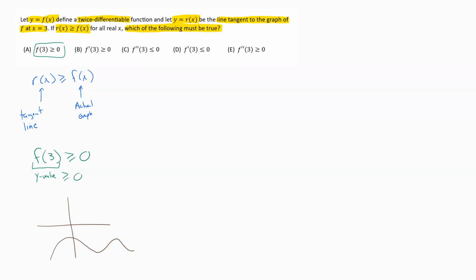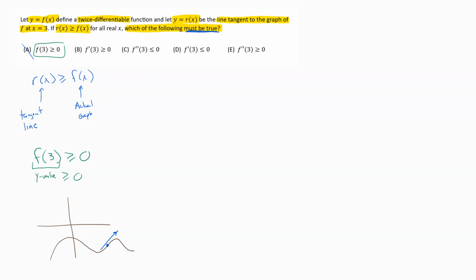And we could definitely have a tangent line at 3 that is above it in that space there. So there's nothing that makes us say that it must be true. Could it be true? Sure. But remember, when you're doing this, it is a must be true situation. So we'll cancel that out because it could be negative for all we know.